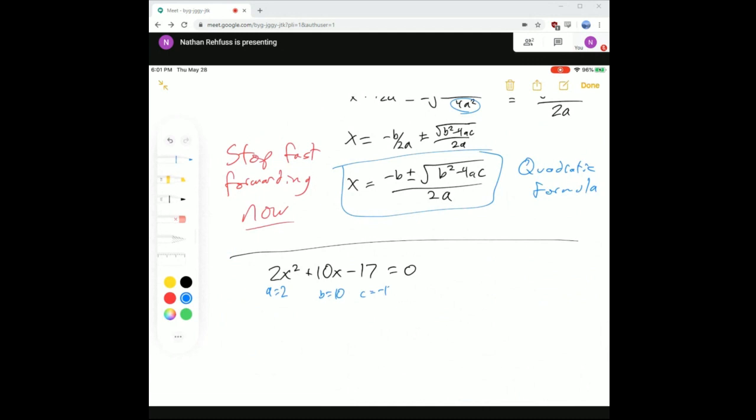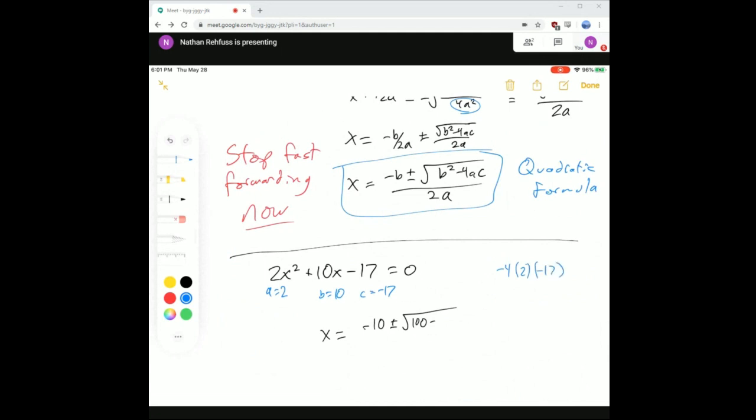X equals negative B, so negative 10, plus or minus root B squared, 100, minus 4AC, so negative 4 times 2 times negative 17.